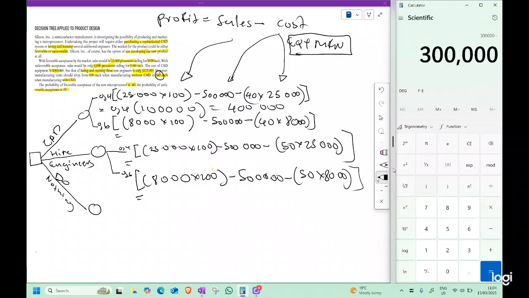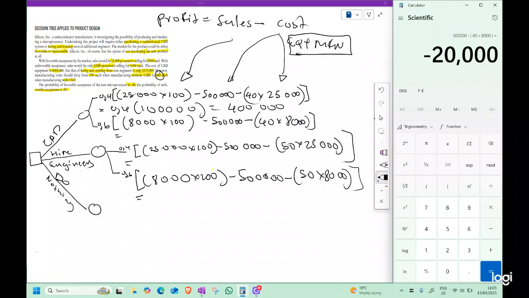Minus the bracket, but because of your minusing, we'll be left with 20,000. So it's around about 320,000.